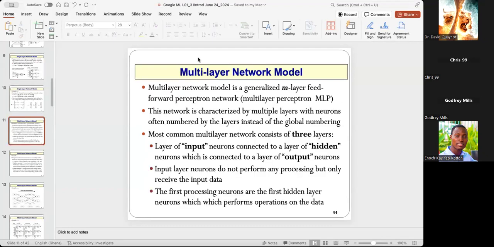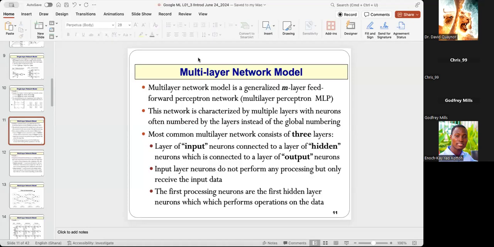Then we come to the multi-layer. In the multi-layer, we may have an input layer, a number of hidden layers that we don't see, and an output layer. The input and the output, we have control over. We see them. Based on the number of inputs you are getting, you have neurons that will receive the input. Assuming we are dealing with 6 inputs, we know beforehand, so the number of neurons for your input layer will be 6.